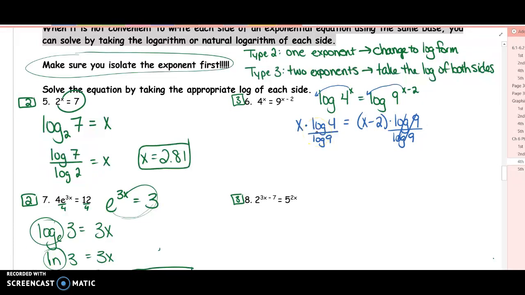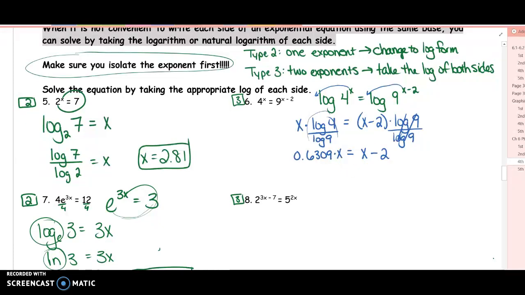Okay, so in my calculator, log of 4 divided by log of 9 is 0.6309. So this thing became the decimal 0.6309, and that's still times x on that side. On the right side, we simply have x minus 2.